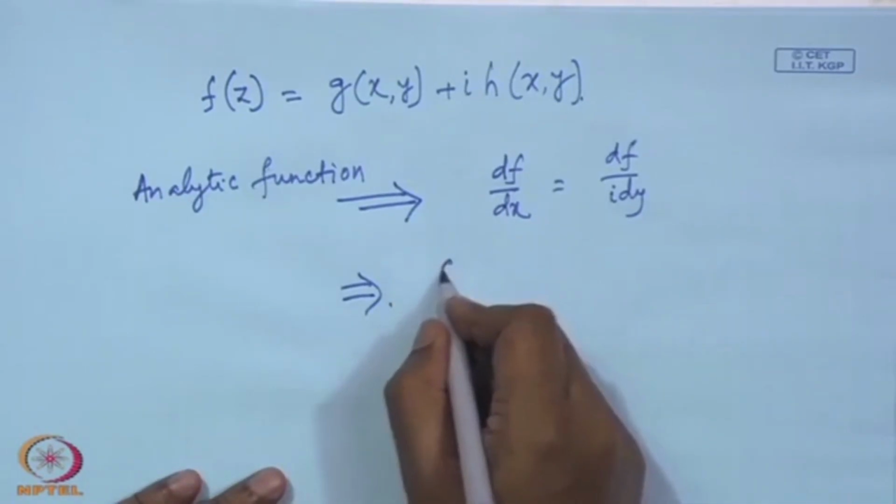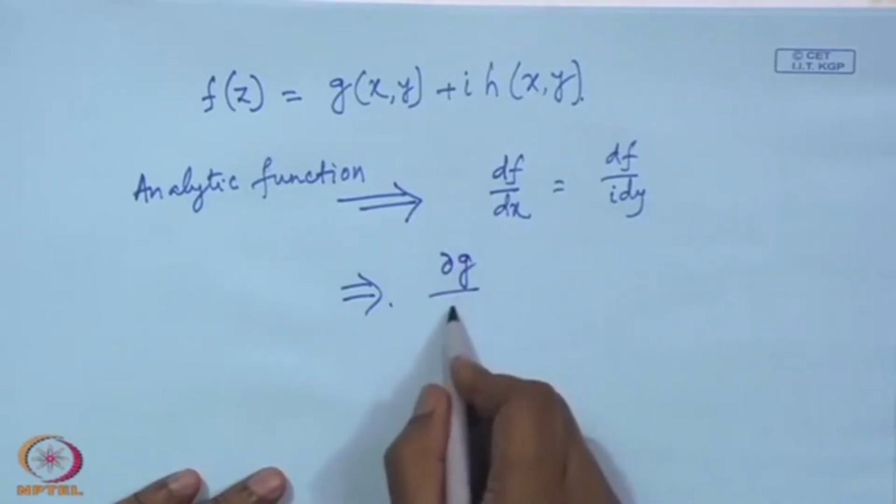Actually we should have written the partial derivative here.